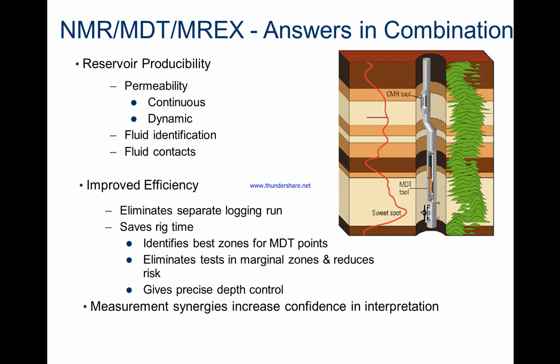NMR is actually combinable, or MRX whatever, combinable with the MDT or RFT or any other kind of pressure and sampling tool. You can actually run it together, evaluating the reservoir formations with NMR, and after that we select the pressure points and sampling by MDT.